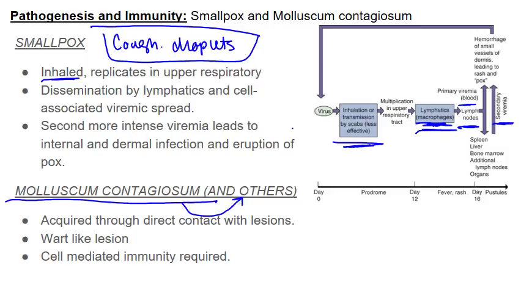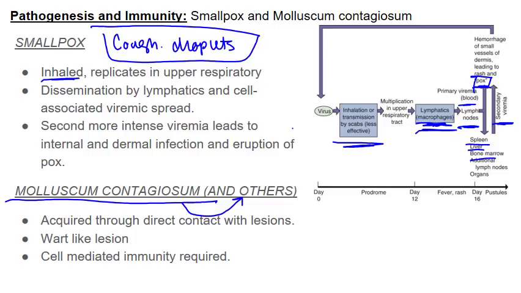And it's this secondary viremia that eventually leads to the characteristic pox-like rash. The initial viremia actually leads to infection of the spleen, the liver, the bone marrow, and any additional lymph nodes and organs. But it's the secondary viremia that actually leads to the characteristic pox and rash that we expect to see.